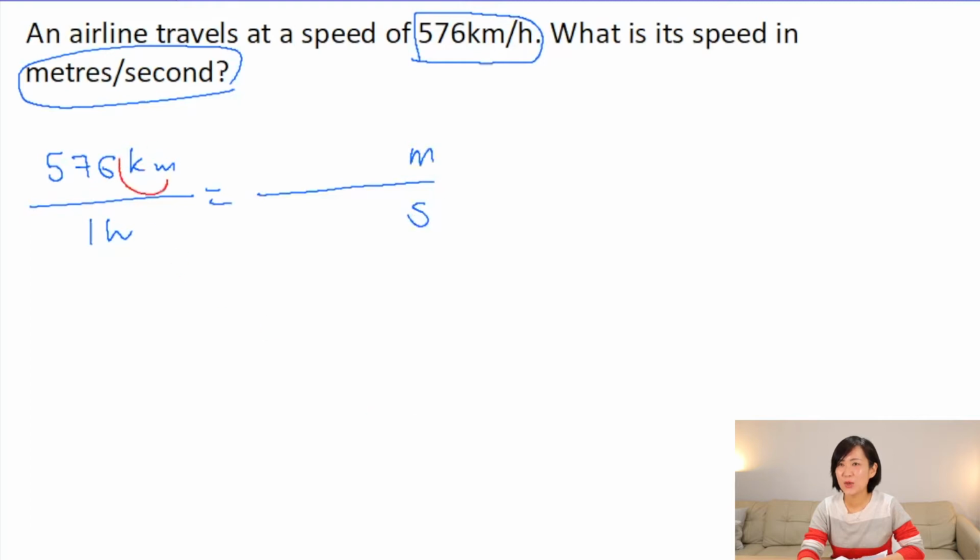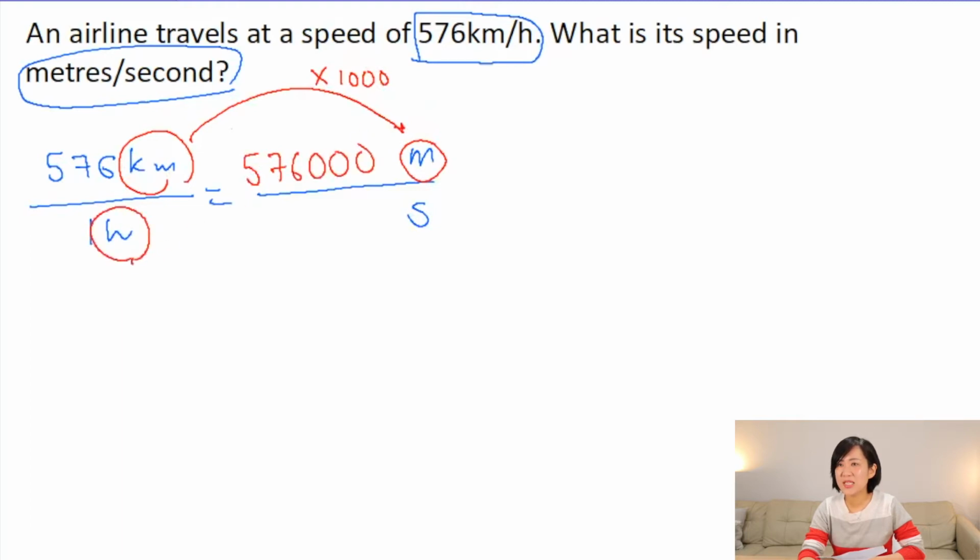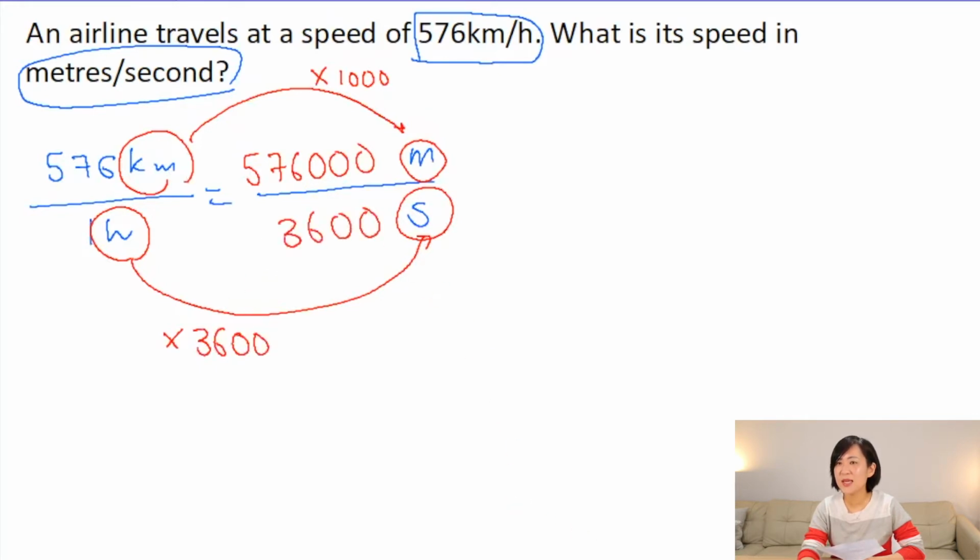To change kilometers into meters, what do you need to do? Yes, right, you need to times 1,000. So times 1,000, you've got 576,000 meters. Then hour into seconds, so you times by 3,600.